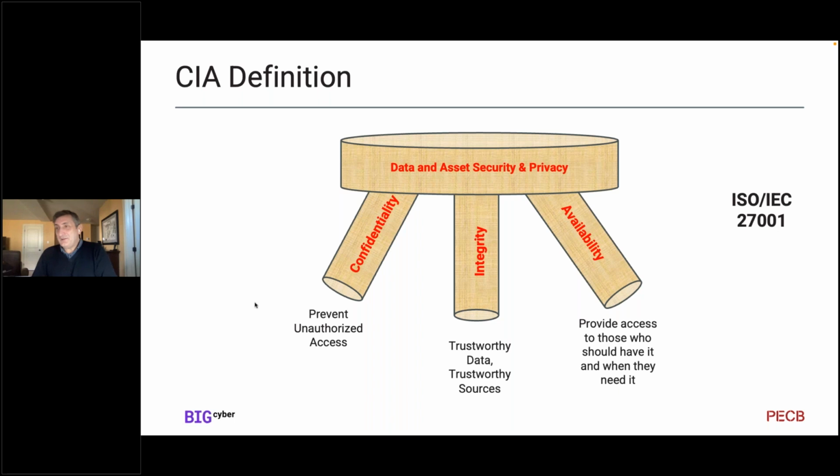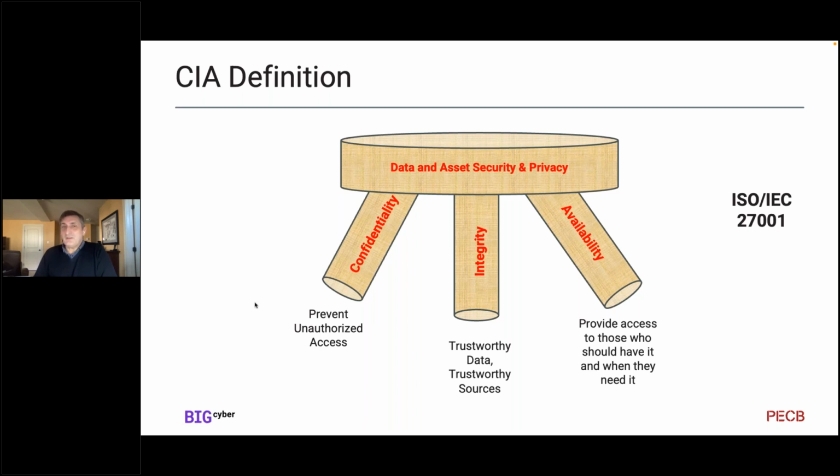The CIA Triad. This is my own artwork, so thank you very much for your positive comments you're going to provide in the chat window on my drawing capabilities. I've built a three-legged stool here, if you didn't know what this thing was. And this is just showing confidentiality, integrity, and availability as the three legs that hold up the platform or the seat of data and asset security and privacy.